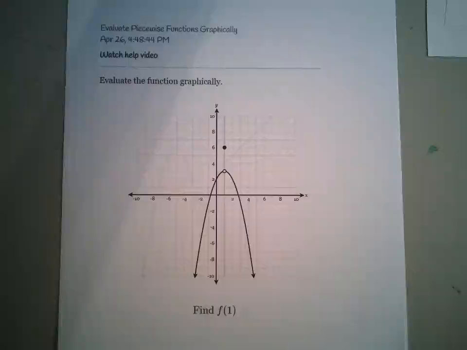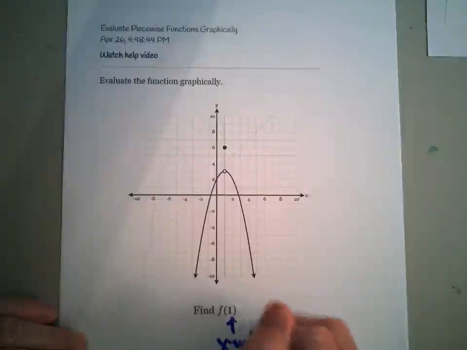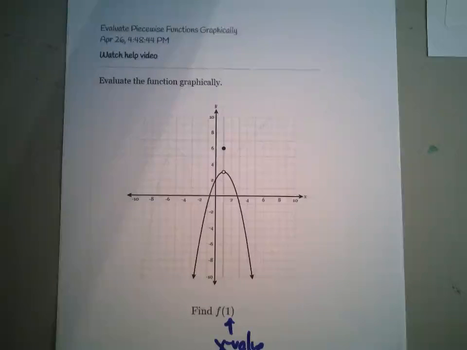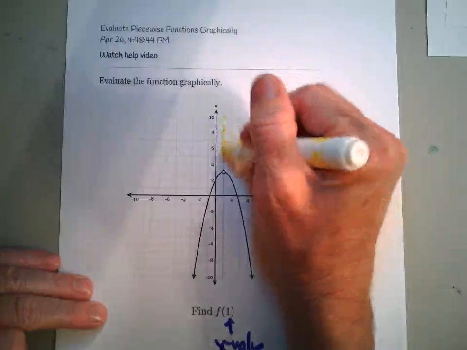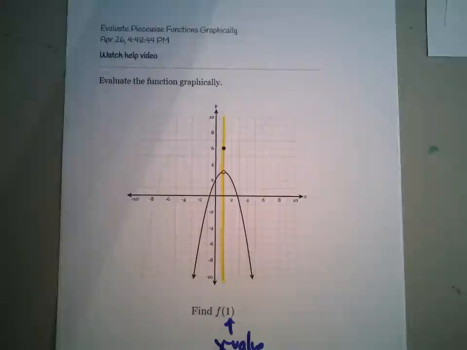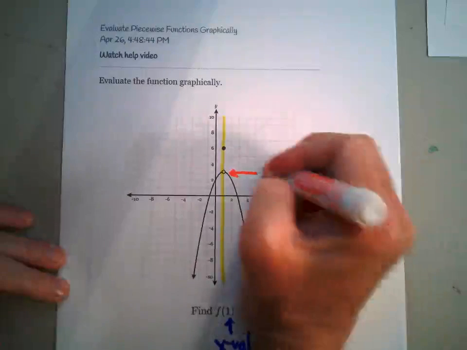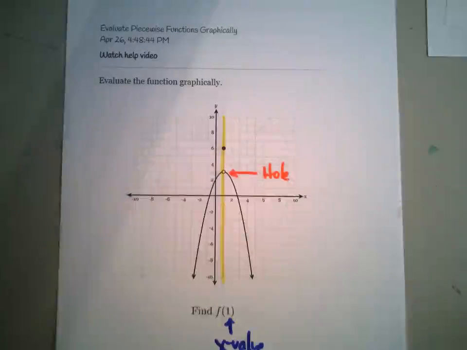Okay, here it's asking for f of 1. So this is your x value. This is where 1 is as an x value. And what you have here, anybody know what that's called? That's right, that's called a hole.